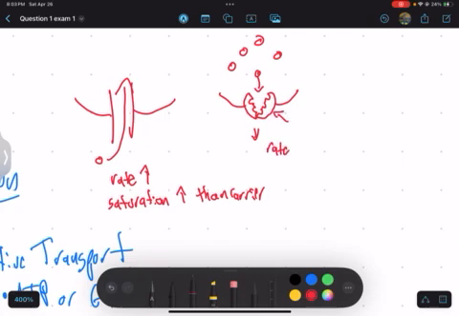And so the rate is going to be slower, and that means they can get saturated. Saturation level higher than carrier. This means it needs to be saturated less in order to still decrease the rate.